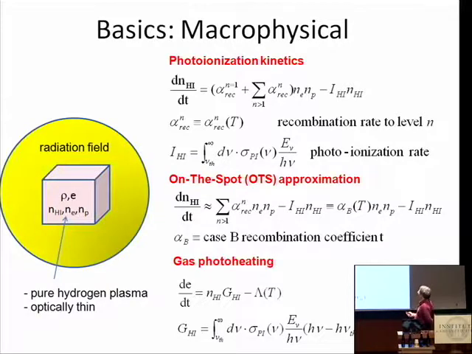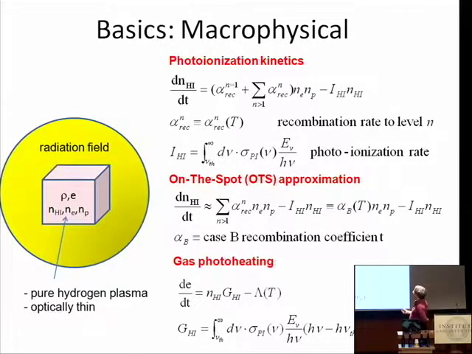So we describe what goes on with photoionization kinetics here. The time rate of change of the neutrals has a positive term due to recombinations, which is proportional to n_e and n_p. And here you see I've written the sum over all levels. This is recombinations to all levels.